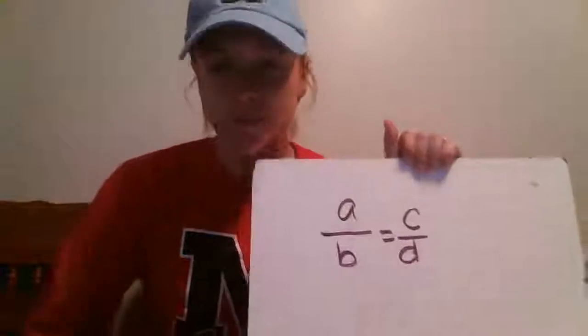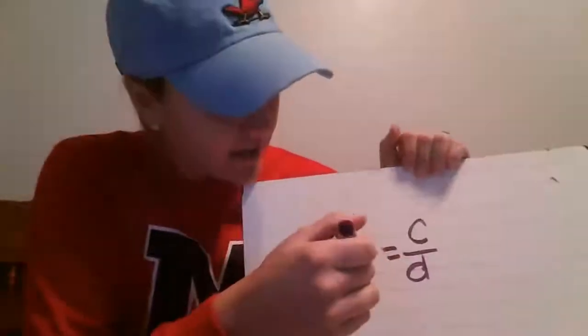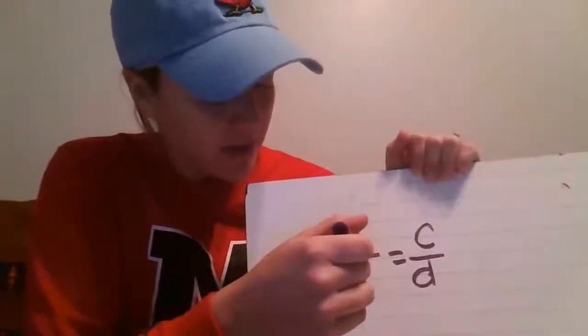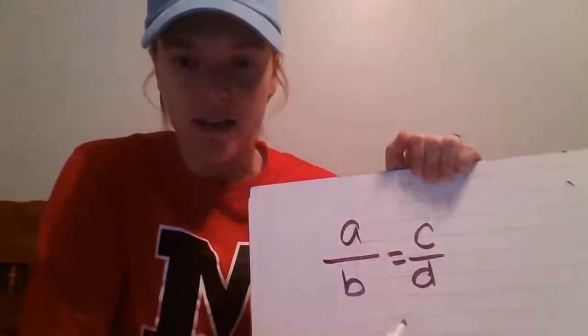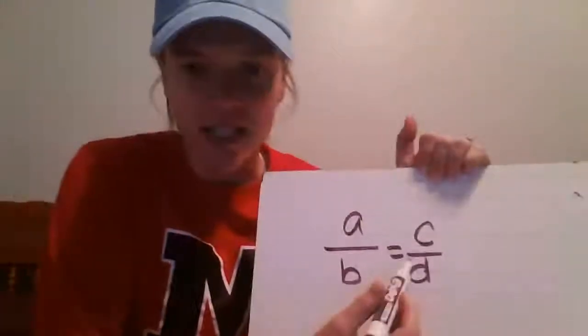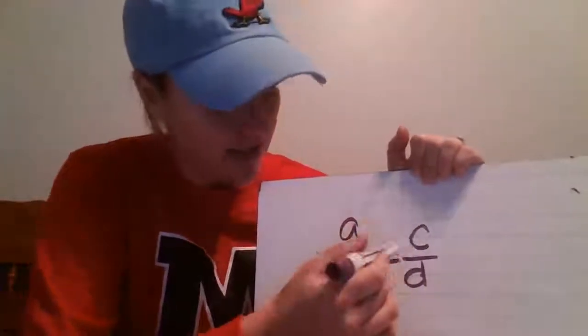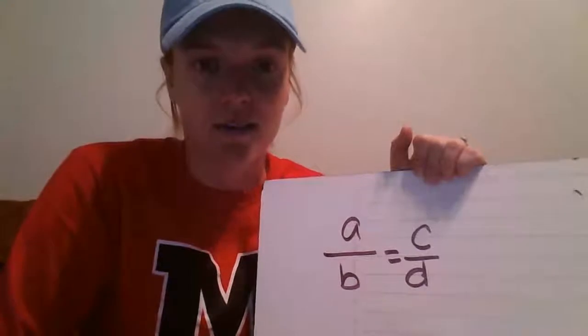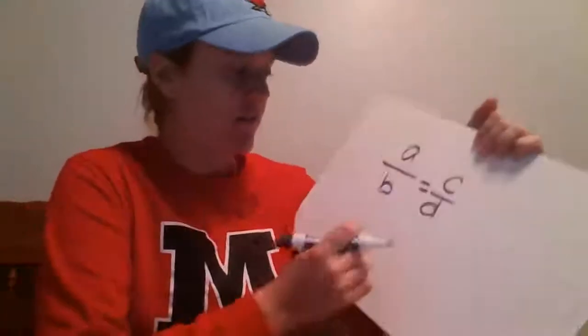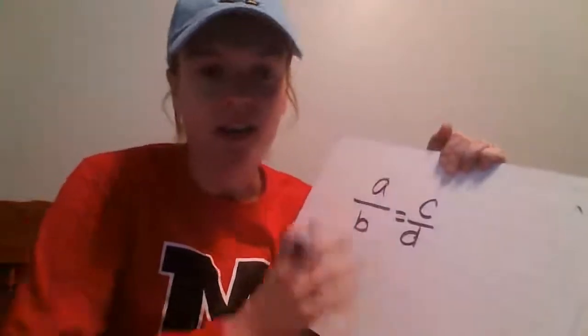So if we're talking about that, I'm going to write it out. If we have a proportion that is A over B equals C over D, what they mean by cross product is that I can multiply B times C and D times A, or A times D and C times B, and they would be the same thing. If none of them equals 0, then it's all going to work out.